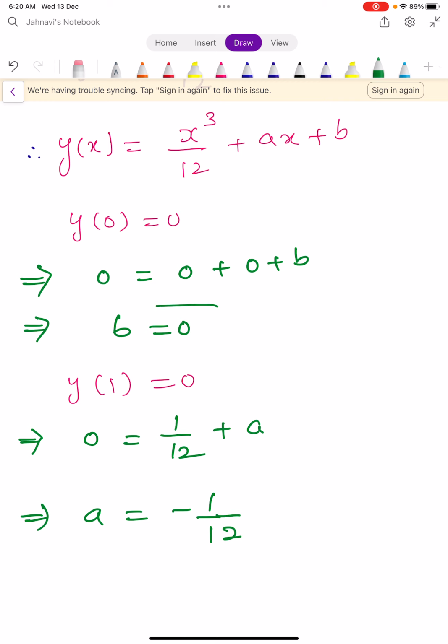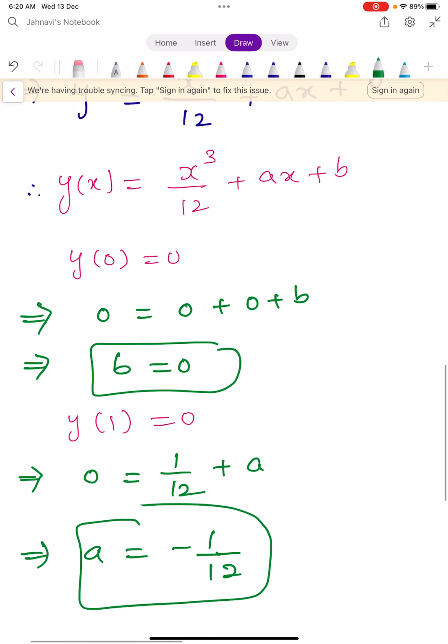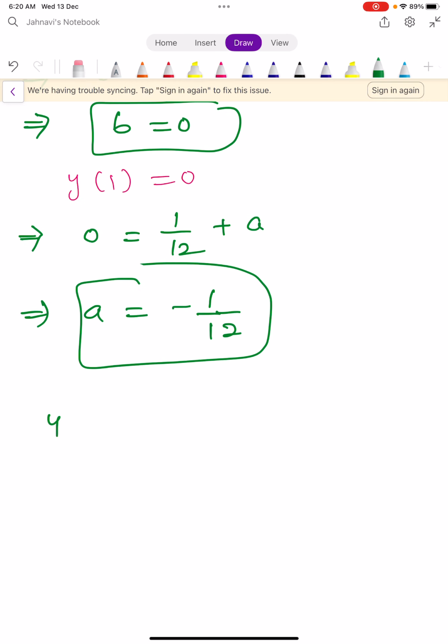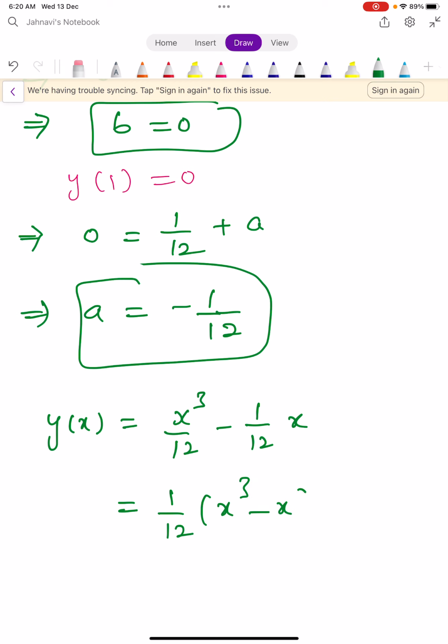So b value is 0 and a value is minus 1 by 12. Then y of x takes the form y of x is equal to x cube by 12 minus 1 by 12 into x. You simply get 1 by 12 into x cube minus x.